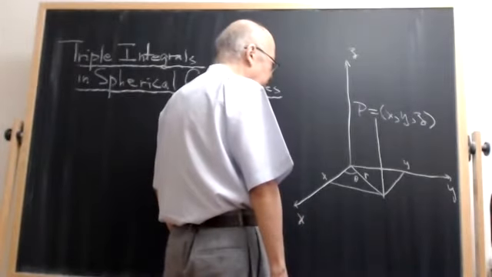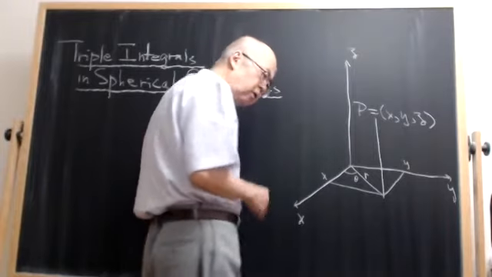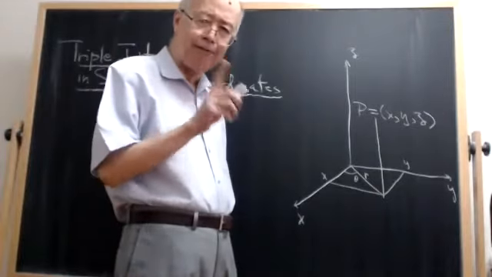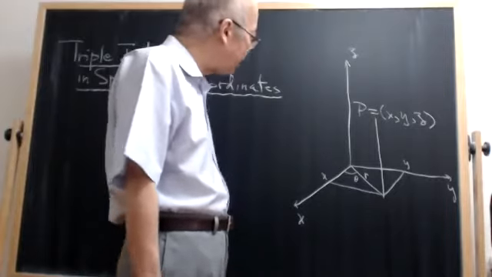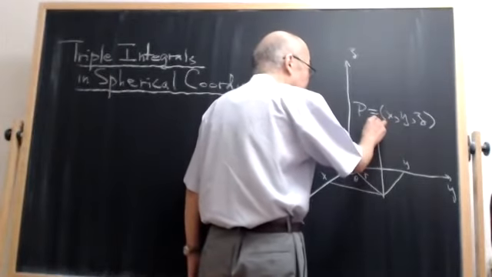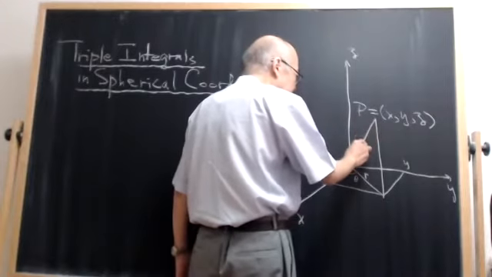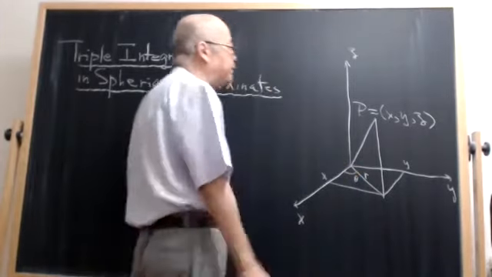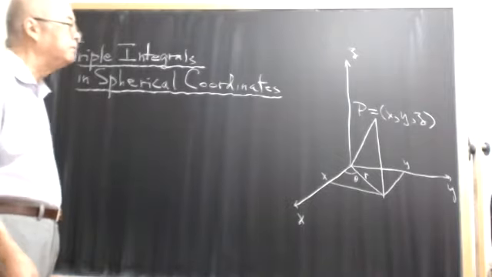Now, what are we going to look at in spherical coordinates? There is one more feature about this XYZ space. We can look at this point and join it to the origin.